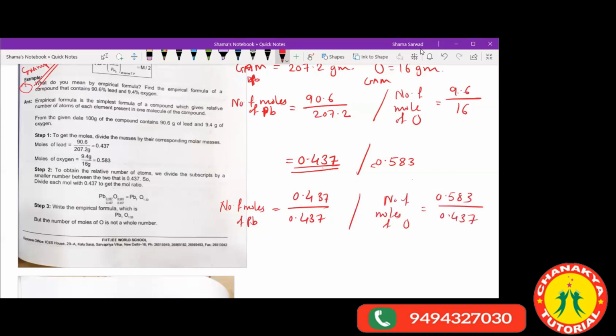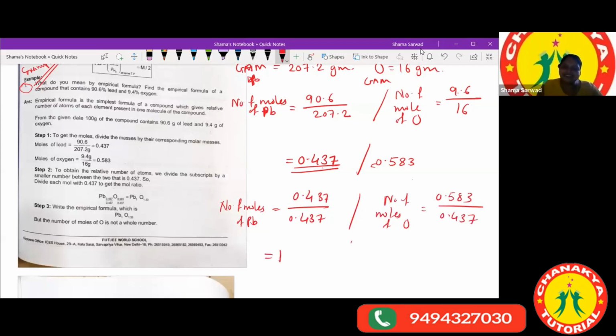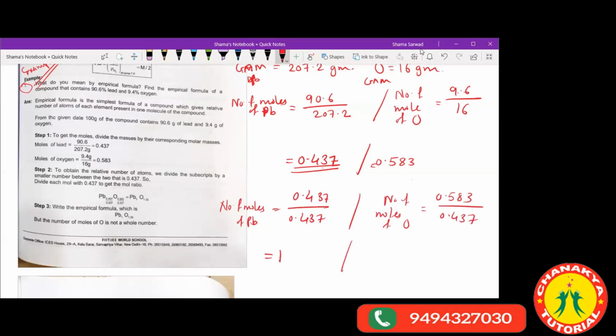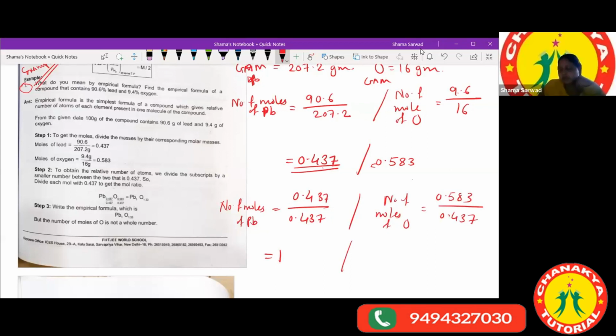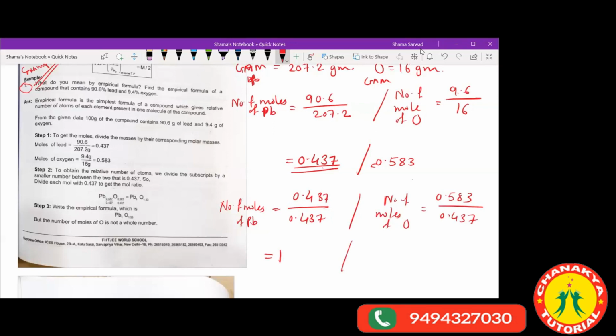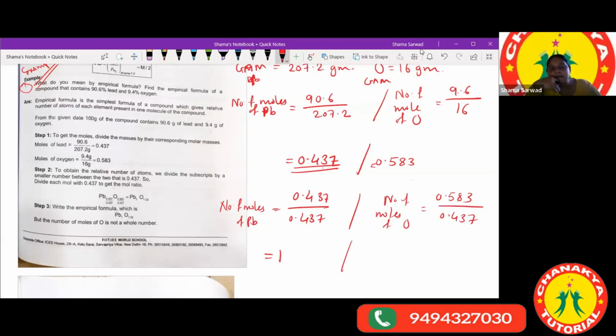So this value would be 1. What would be the value? Check it. It won't be 1 only, it should be 1 point something. Because 4 and 5, 4 ones are 4.